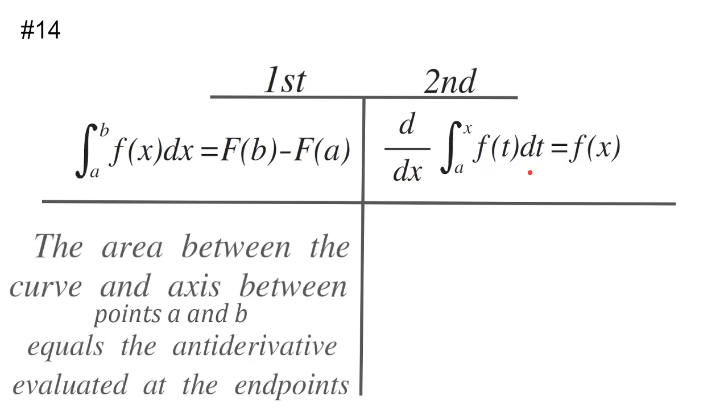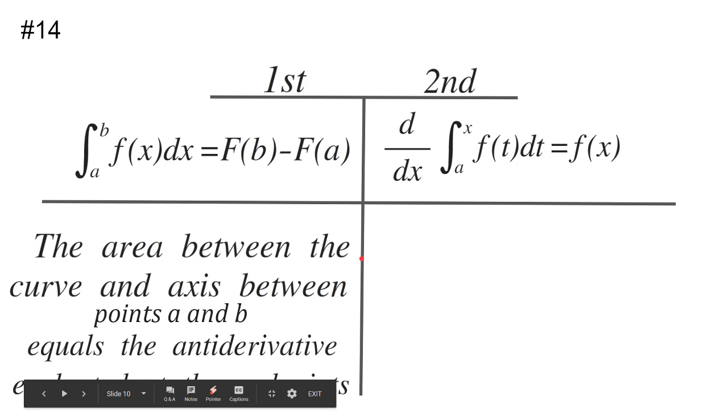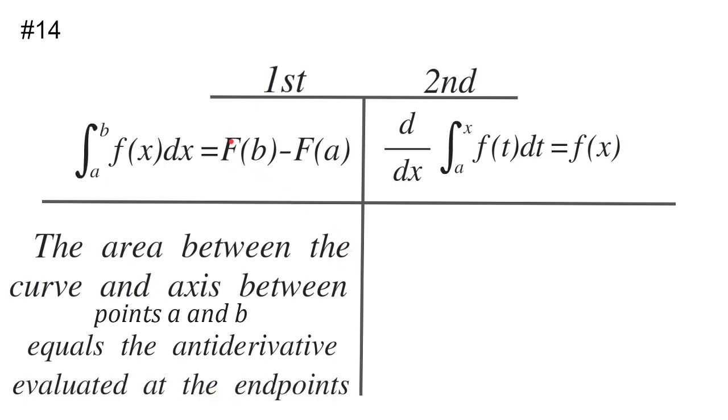So in definition, the first fundamental theorem of calculus states that the area between the curve and the x-axis between these points a and b, the upper and lower bound, is going to equal the antiderivative, which is this capital F right here, evaluated at the endpoints, again b and a.